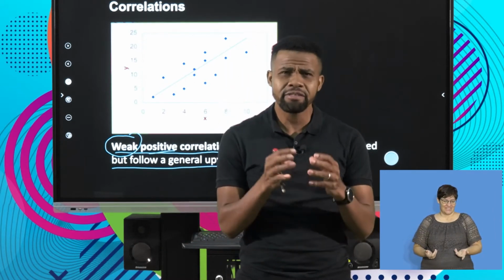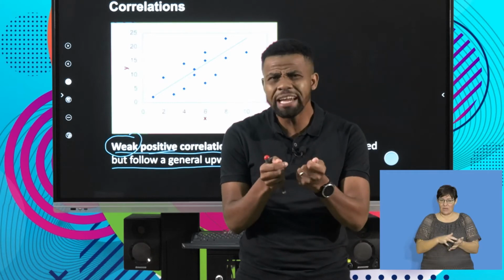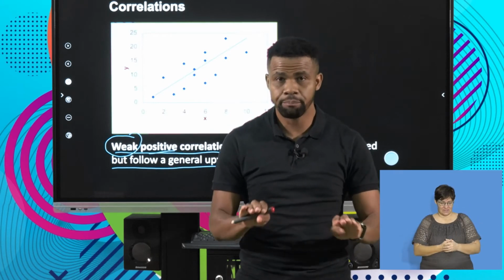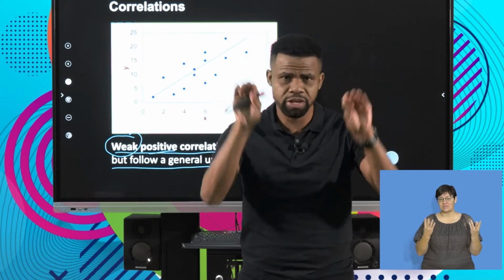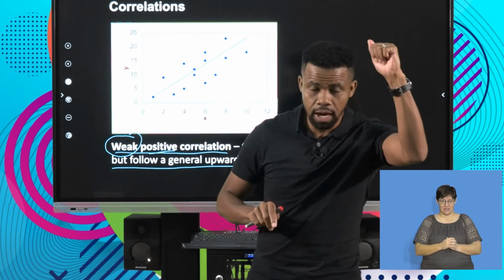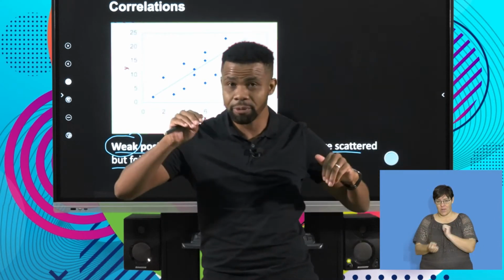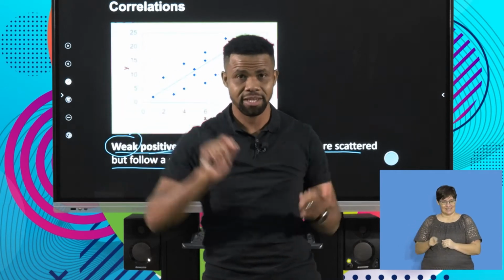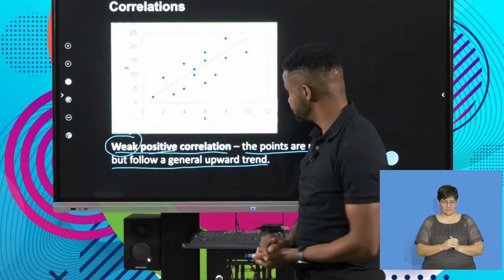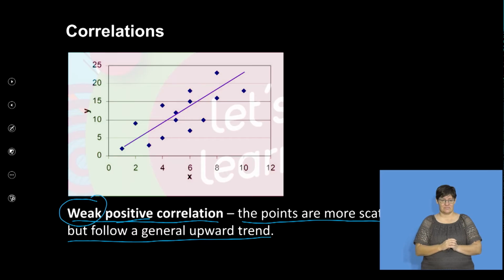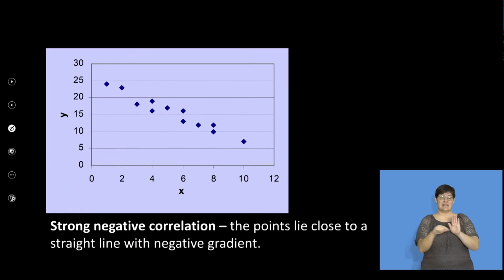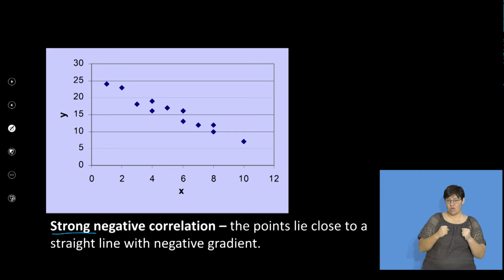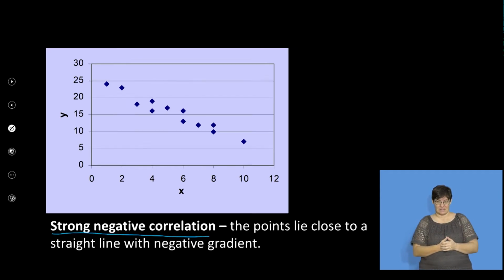Can you think of something with weak positive correlation? A positive correlation moves together. I increase how many hours I study, then what happens? My results increase also. Let's look at that now. So a strong negative correlation looks like that.